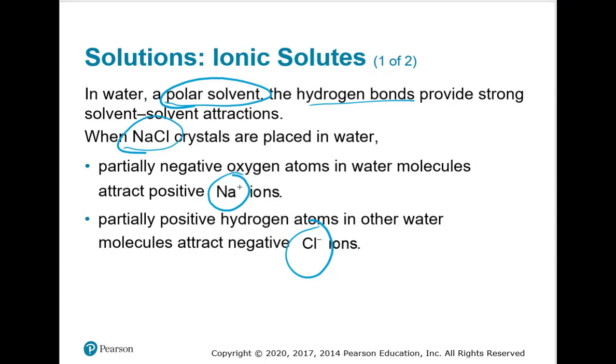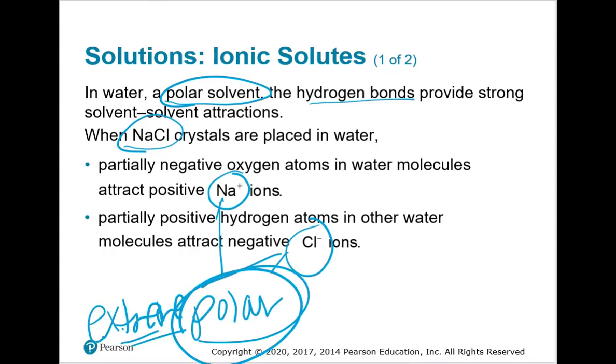It's beyond that. If I took Na's value and Cl's value and subtracted them, it's going to be way above that 1.8 value that makes it ionic. So an ionic compound is just an extremely polar compound, which is okay. It's still polar, and it will dissolve in water, which is a polar solvent.